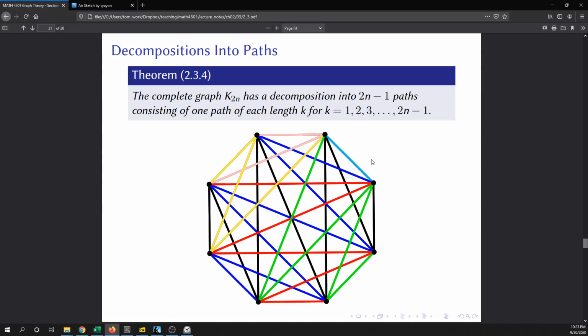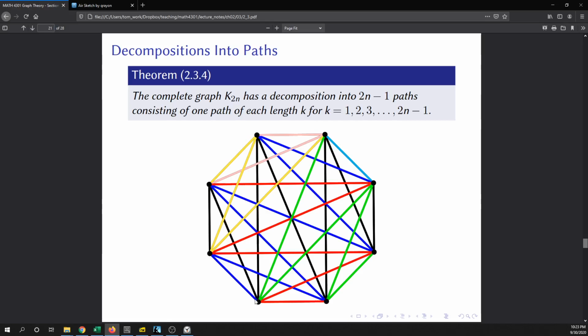So here we would have a path of length 1, that's this cyan colored edge here. The pink one is one of length 2. The yellow path is one of length 3. The green path is one of length 4. The red one is one of length 5.